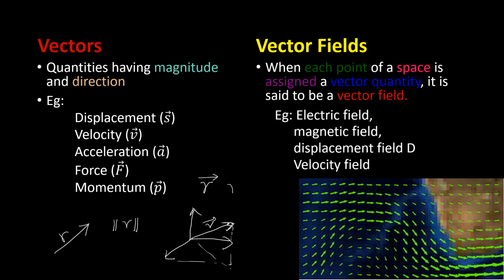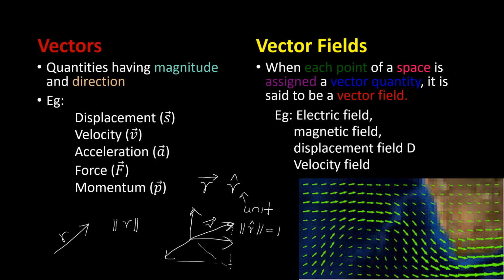Sometimes you use this hat notation to denote what is called a unit vector. So a unit vector is a vector with magnitude 1. So the magnitude of the unit vector is 1 and its direction is the corresponding direction of this vector.